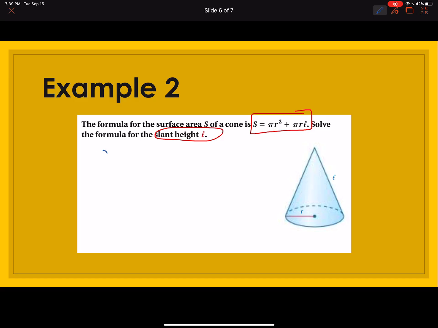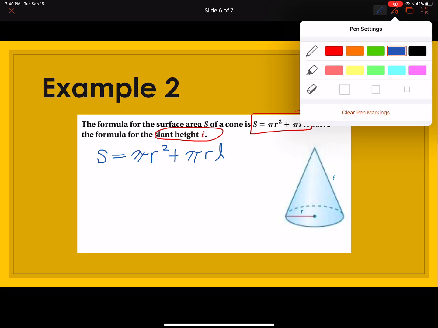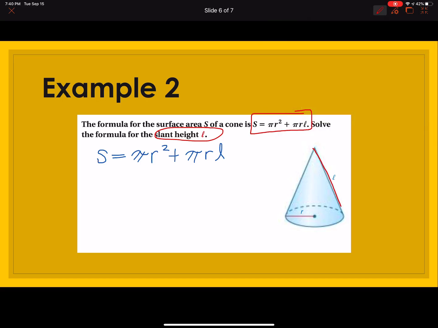So I'm going to rewrite my equation, and it's a capital S because it's the surface area. And we have pi r squared plus pi r times the slant height, or L. Now that L that we're talking about is this distance right over here.